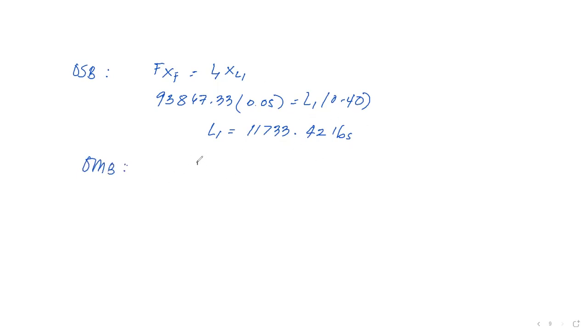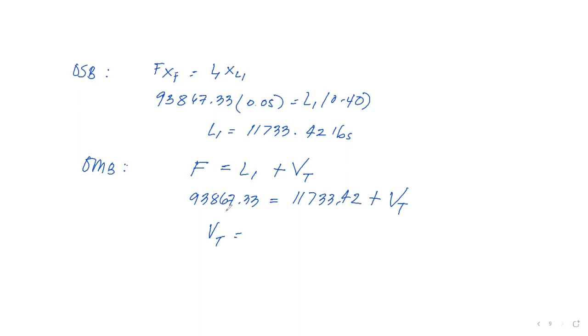Now, when you do overall material balance, you need this L1, of course, because this is your final product. So your feed is equal to the final product plus the actual total water evaporated. So 93,867.33 is equal to 11,733.42 plus the total water evaporated.